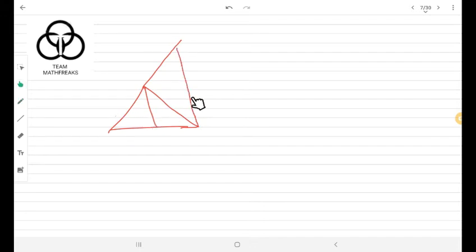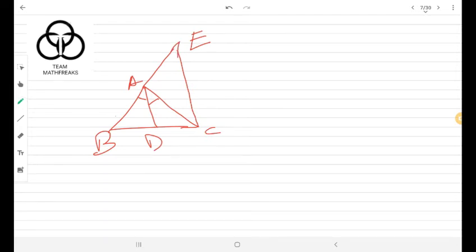This and this are parallel. This is the angle bisector of this angle. Let me give them names, ABC, and let the meeting point be E.